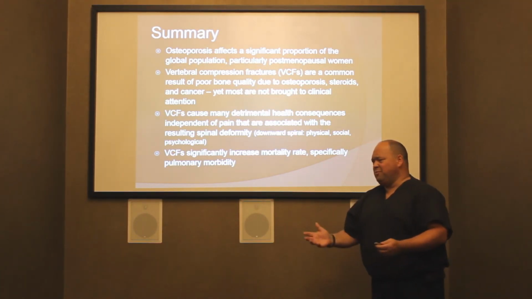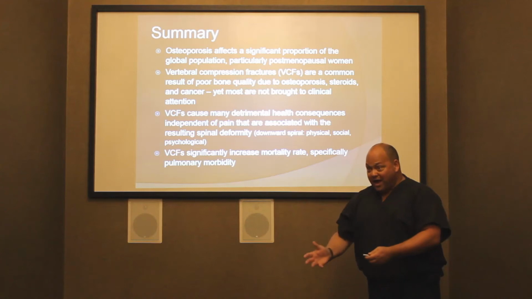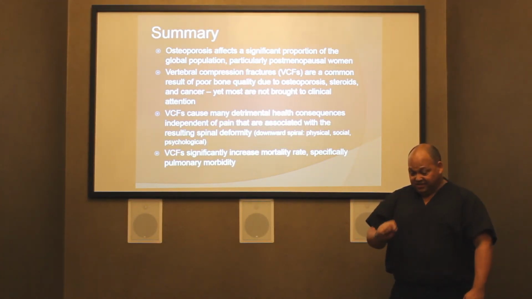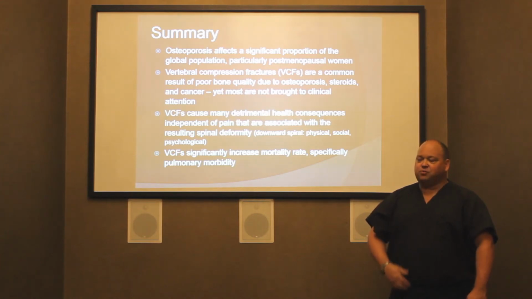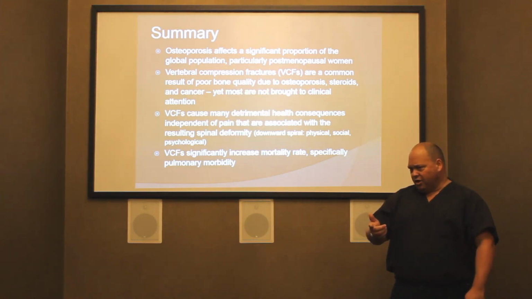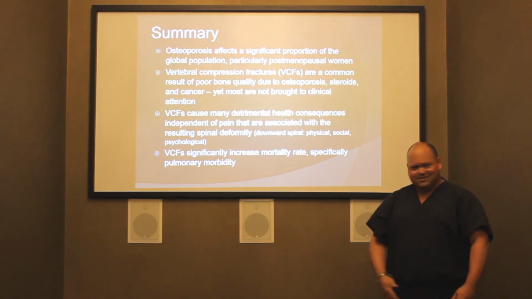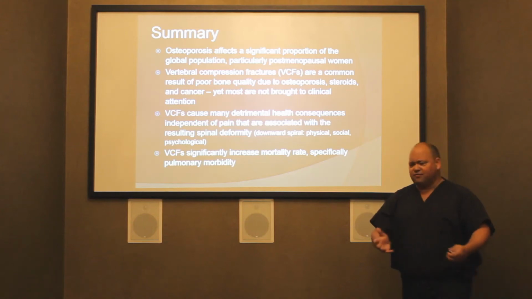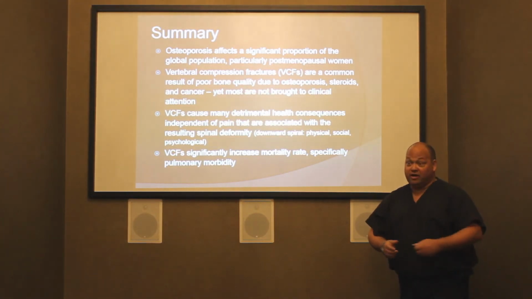Because my goal isn't to see how many people I put glue in, it's to make your back better. And if I get an MRI and it's not positive, there's no bone marrow edema, I explain it like this: if you broke your arm a year ago and I put a cast on it today, it's not going to do a bit of good for you. I've had those kind of cases where I thought, oh yeah, it's a fracture. Get the MRI, and it's not an acute fracture, it's an old fracture.